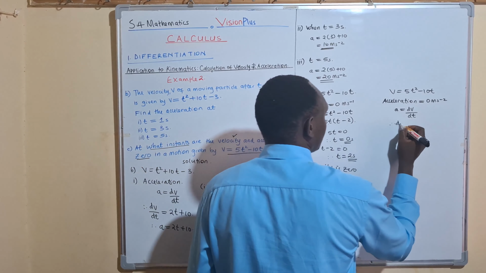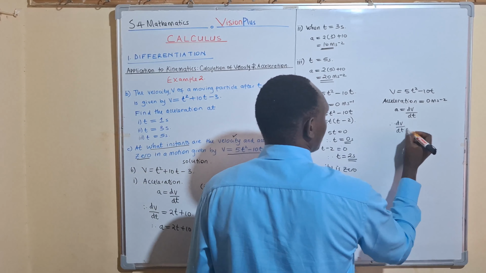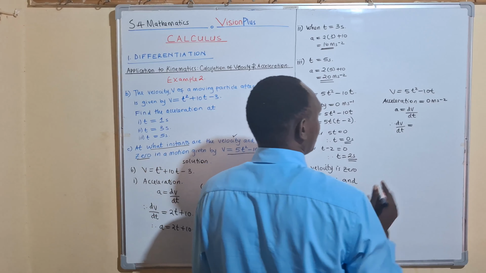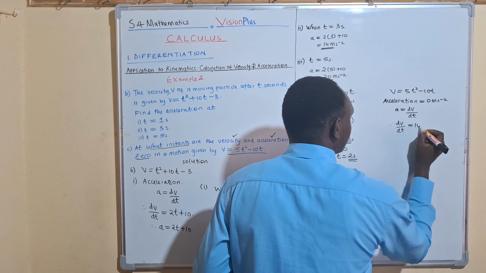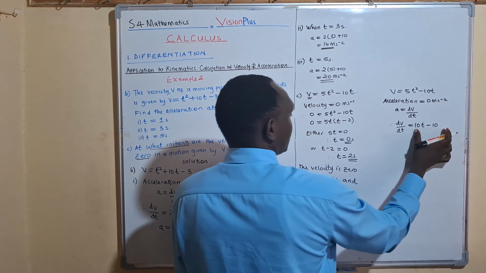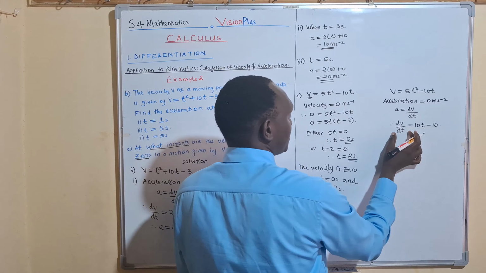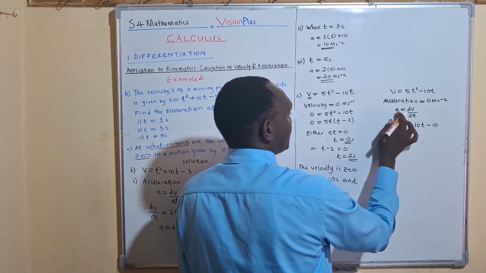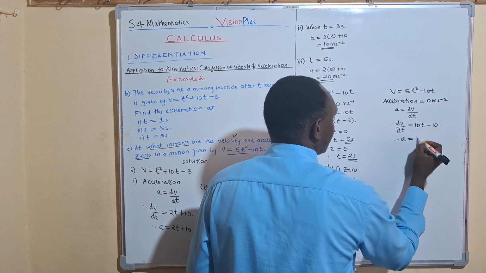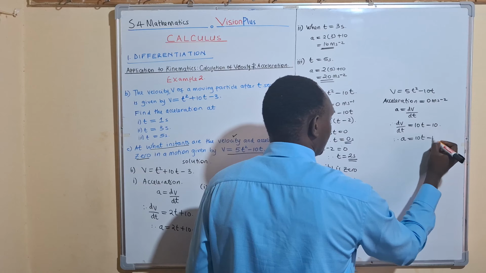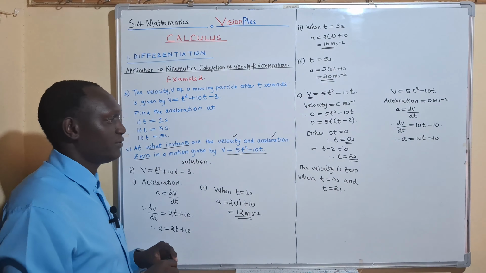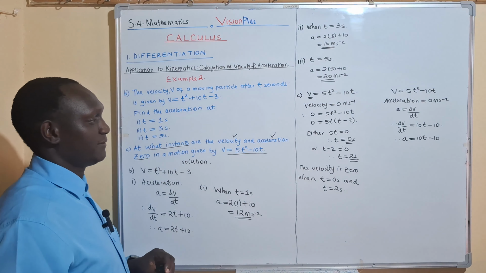So dv/dt equals, we differentiate the given function of velocity. This gives us 10t minus 10. Okay, this is the expression for the rate of change of velocity, which is the definition of acceleration. Therefore, acceleration a at any time t is given by 10t minus 10. That is the expression for acceleration at any time t.